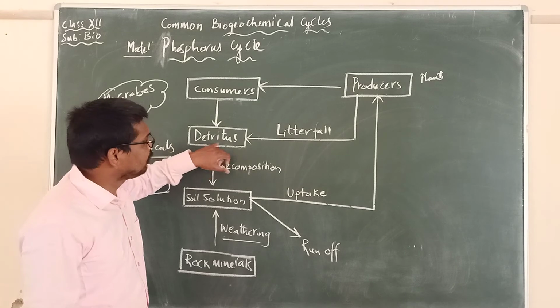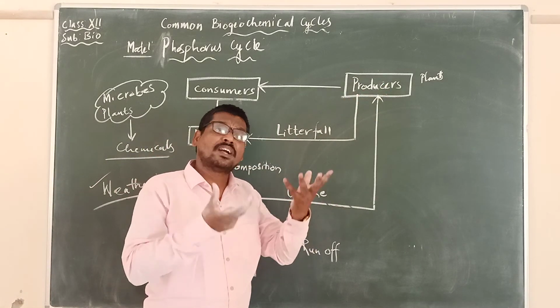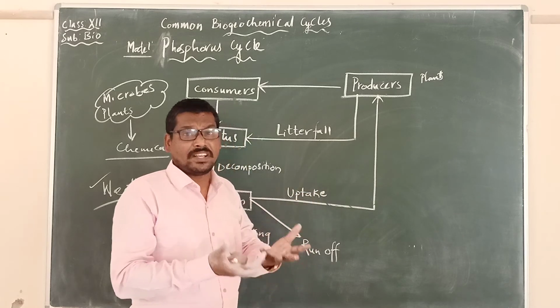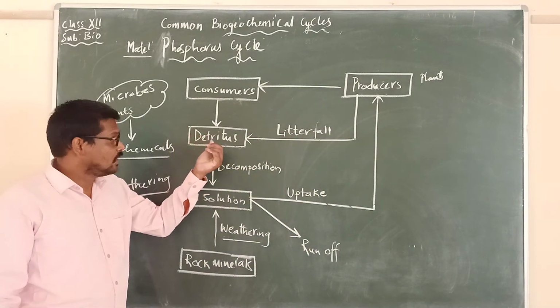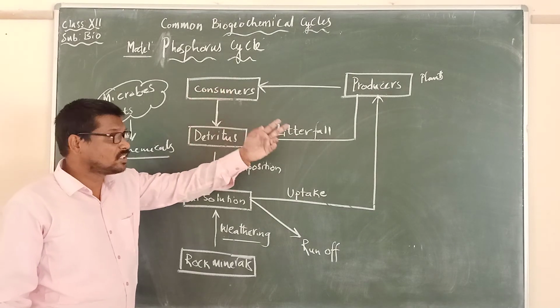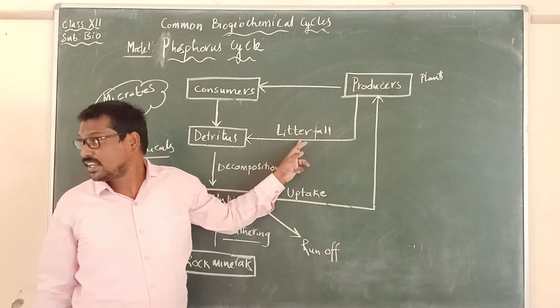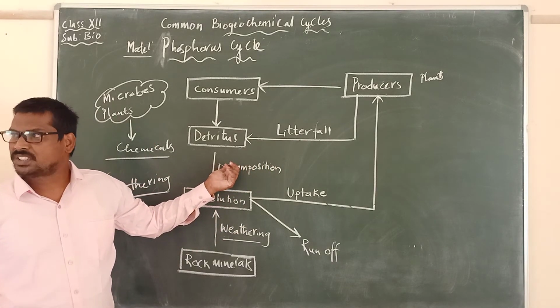Now here the litter that falls, meaning the leaves, any part of the plant that is dead and falls, is called detritus. That detritus formed from the consumers and also from the plants undergoes the decomposition process.